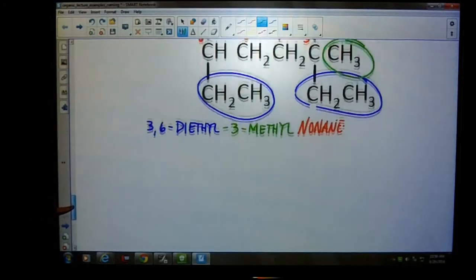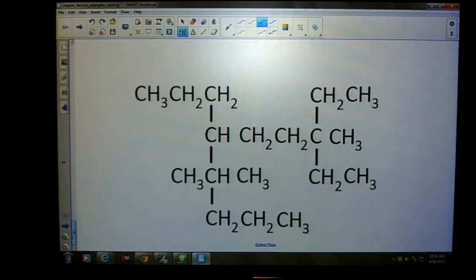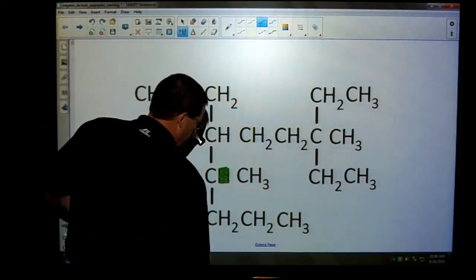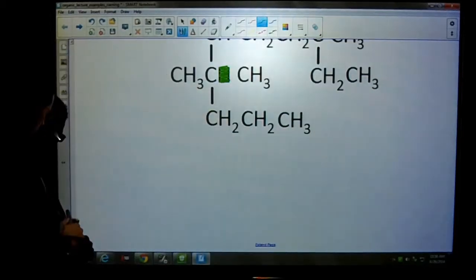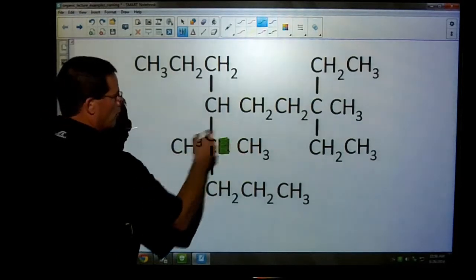I think I have one more example, but I might make up another one here. And I do have one correction I need to make. This hydrogen is not there, so apologize for that. That hydrogen is not present, so it's just CH3CCH3.